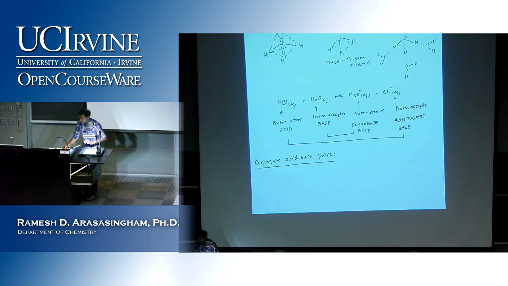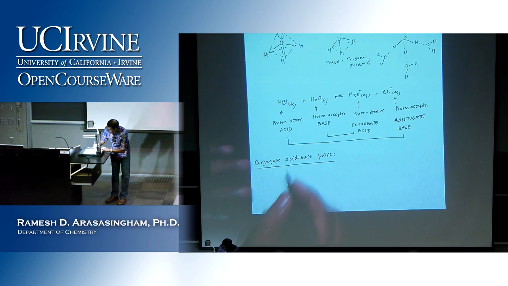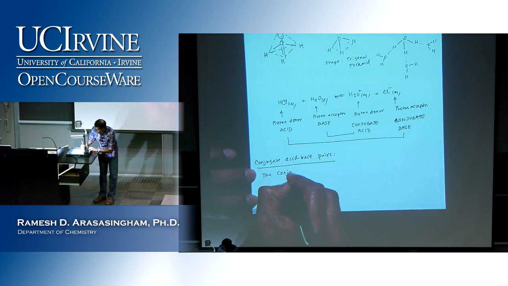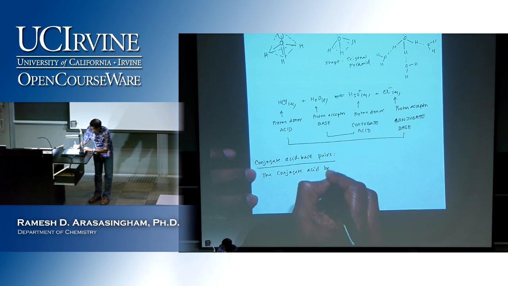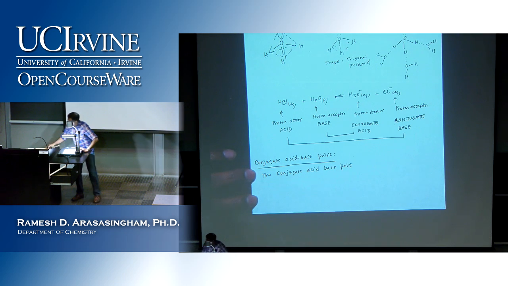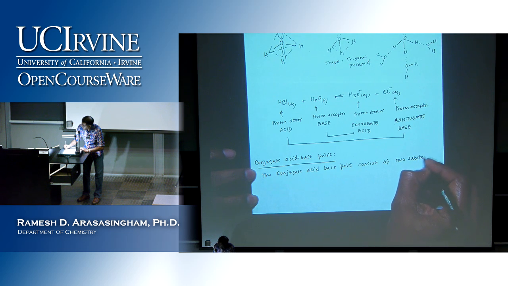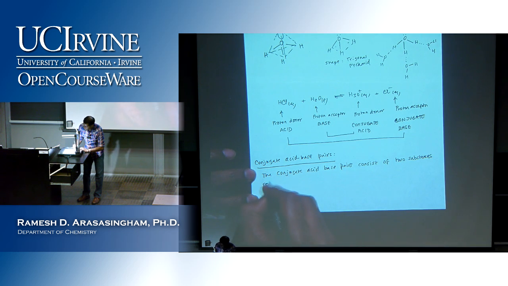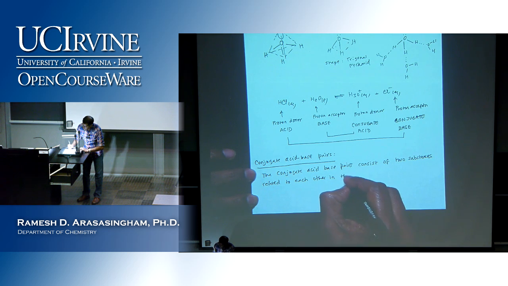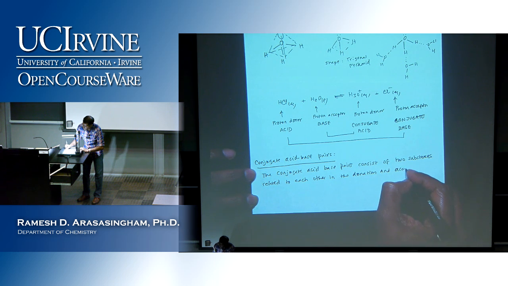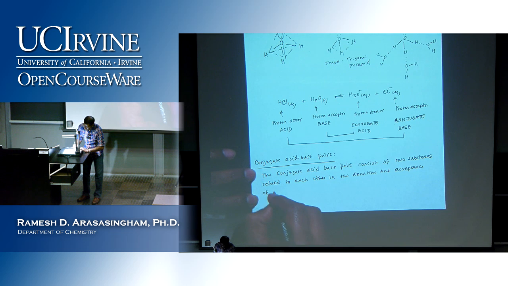And they are defined as a pair. So the conjugate acid-base pairs consist of two substances related to each other in the donation and acceptance of a proton.